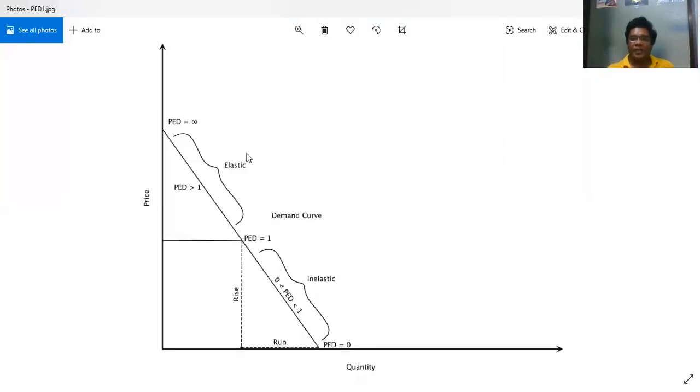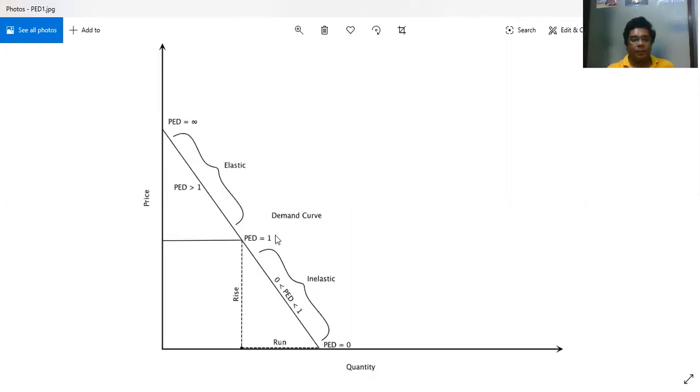All right. Look, in this demand curve, we can show all the PED values, starting with perfectly elastic, where the demand curve touches the y-axis. This point shows perfectly elastic demand and the value is infinite. The middle point is the unitary elastic and the value is 1.